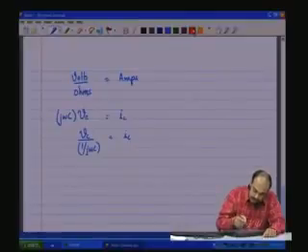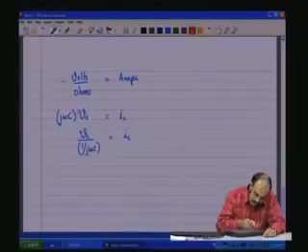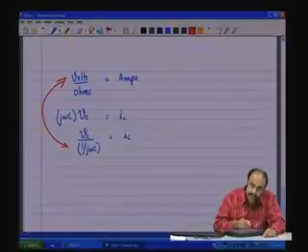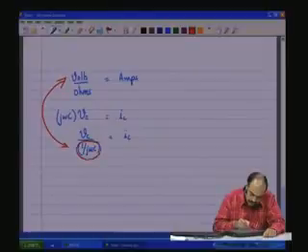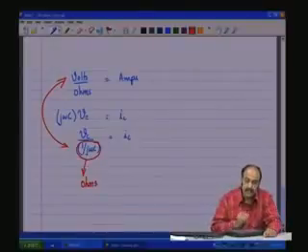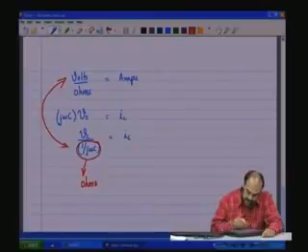So, therefore, comparing these two, Vc is volts, IC is amps, this should have the units of ohms, and this we call it as reactance or capacitive reactance. Of course, there is a j term.